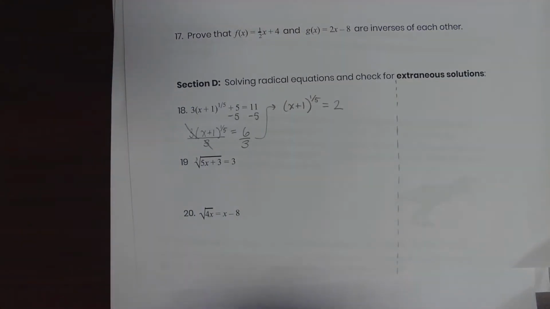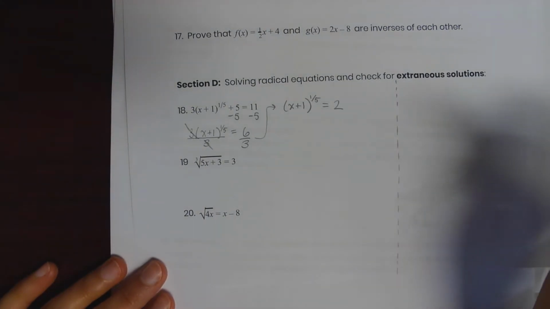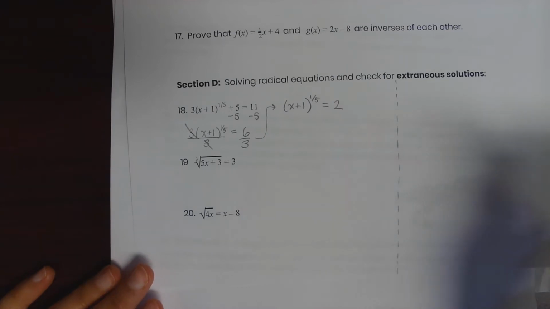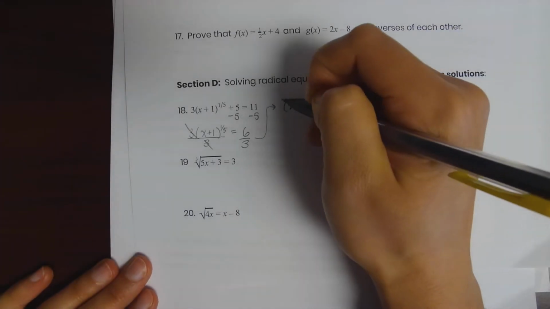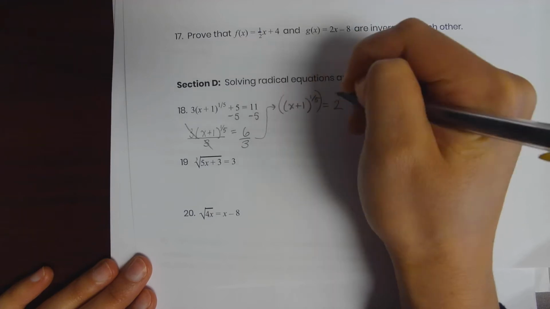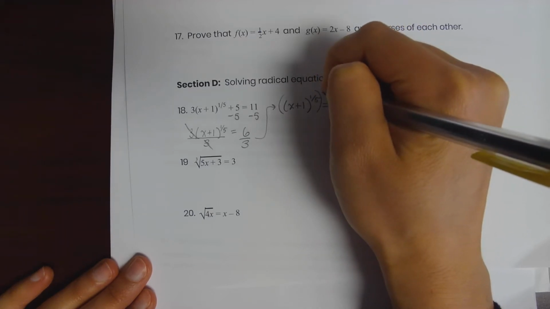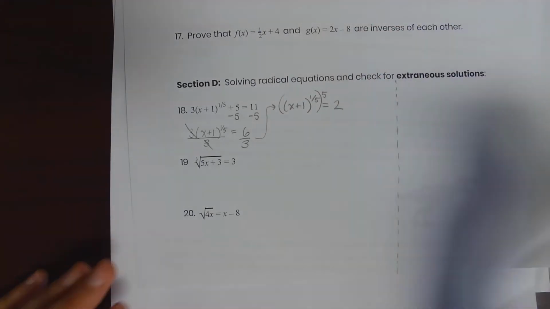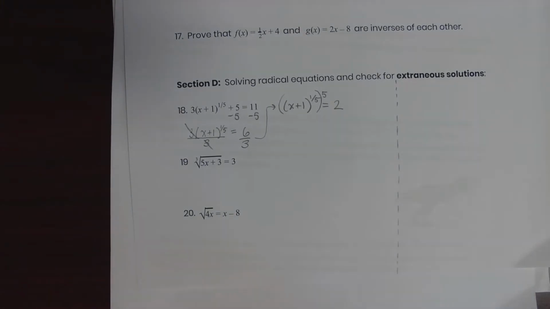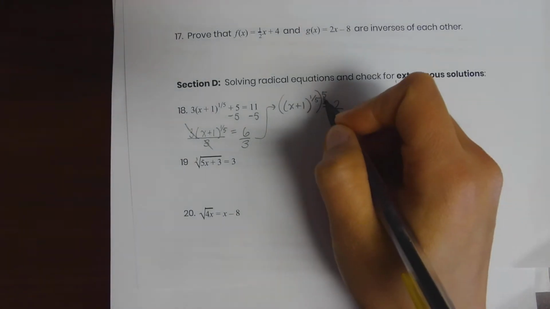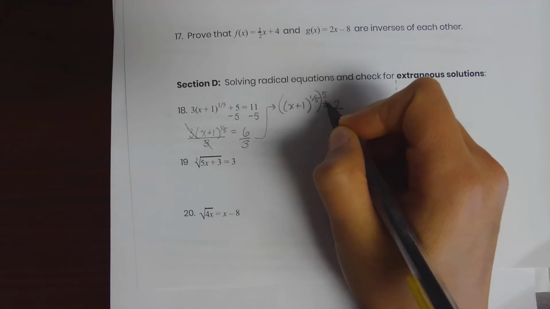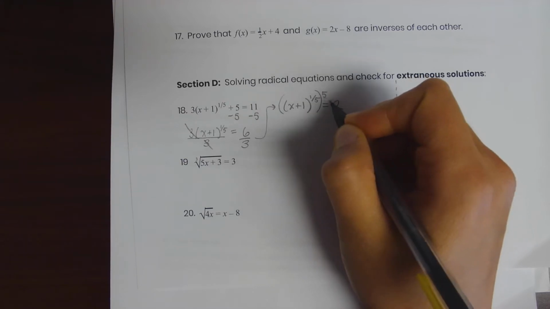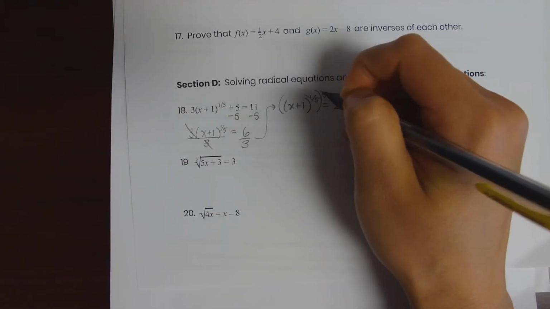Next, we're getting rid of that 1/5 exponent. So we don't really need to write this as a radical. If you want to, that's fine. What we can do is just multiply by the reciprocal. So 1/5, the reciprocal is 5 over 1, or just 5. So remember, we multiply by the reciprocal, so when you multiply straight across, this will end up being 5 over 5, which is 1, and it will cancel.